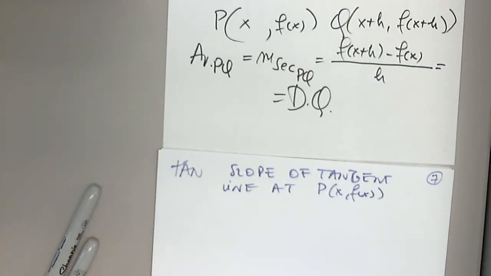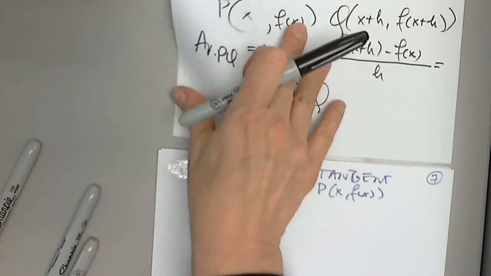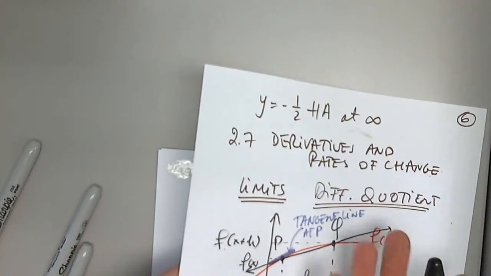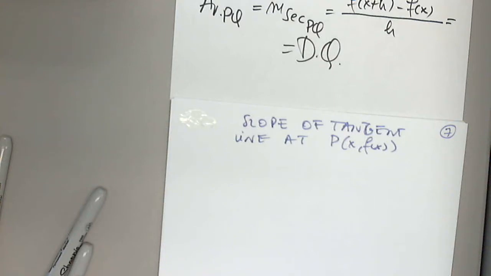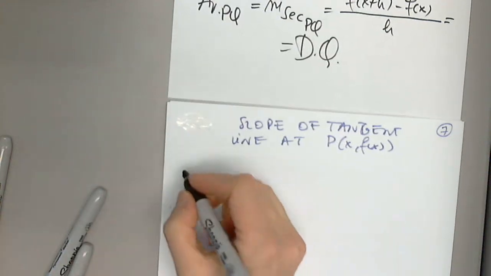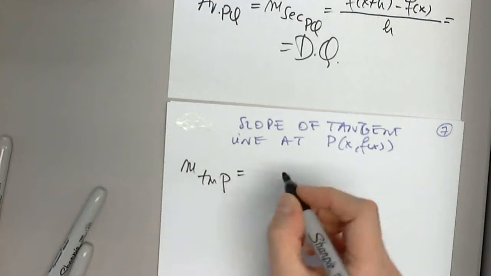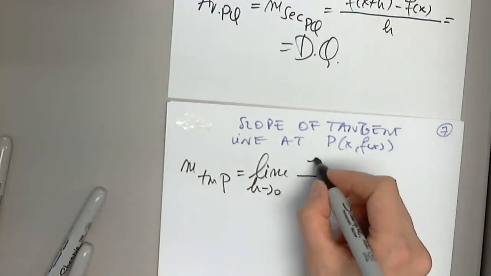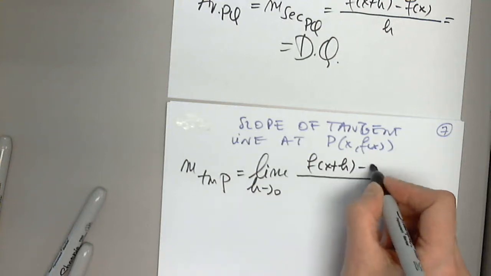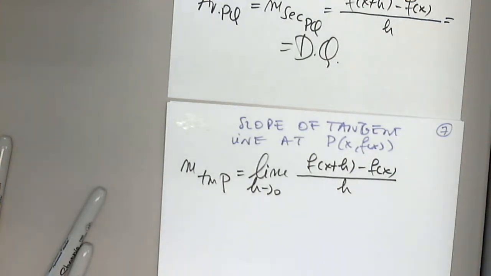So please tell me how to find the slope of the tangent line at P. As h approaches 0, the slope of the tangent at P is the limit as h approaches 0 of f of x plus h minus f of x, divided by h.